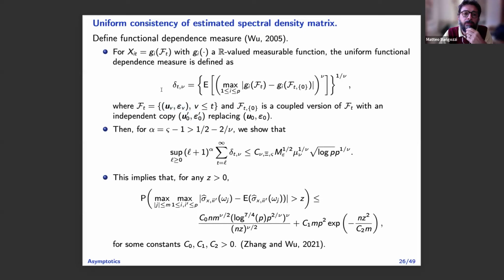If it doesn't change too much, then the functional dependence is bounded. Basically, there is dependence, but it is weak dependence. And then you can do a lot of nice things. Indeed, under our assumptions, all this is satisfied by our data generating process.